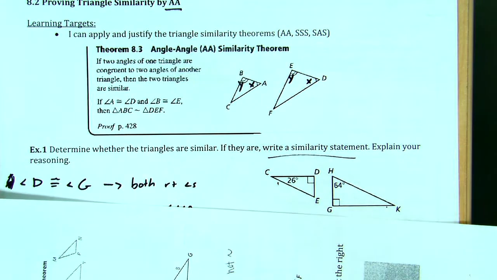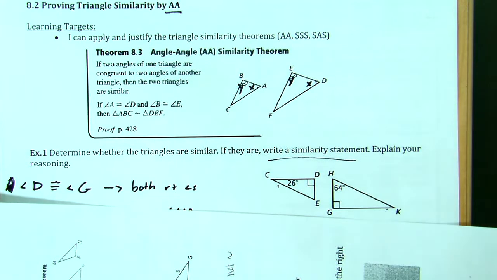Since it's labeled on there already for you, we don't have to do much work in getting the fact that angle D is congruent to angle G because they're both right angles. Okay. So that's already one pair of angles that we have.